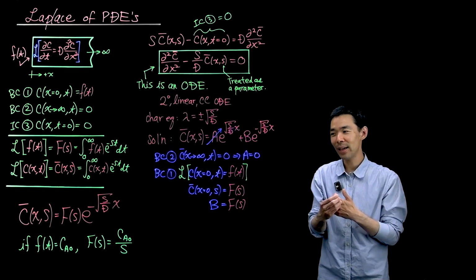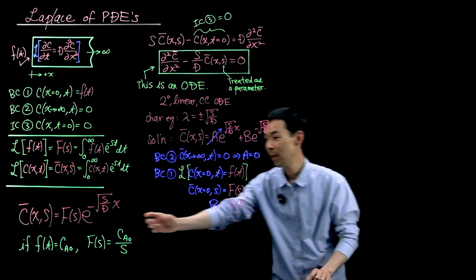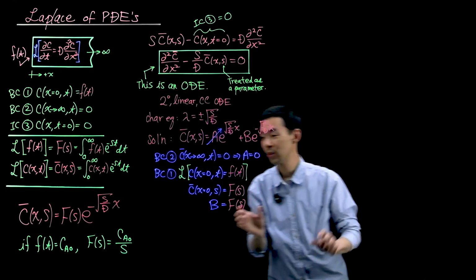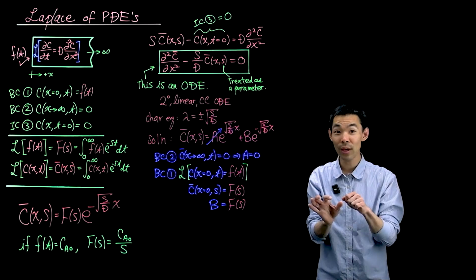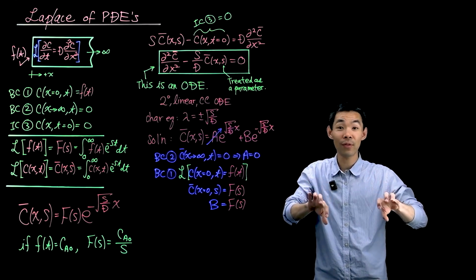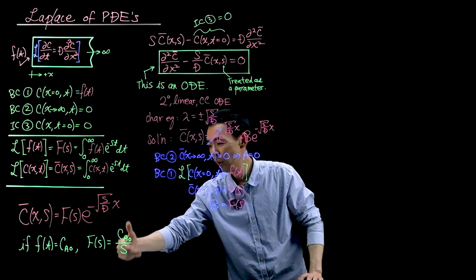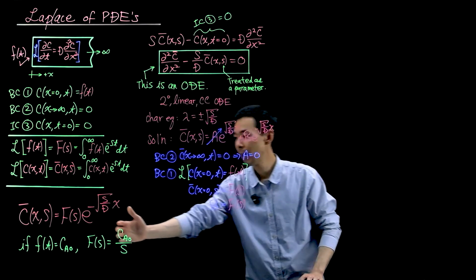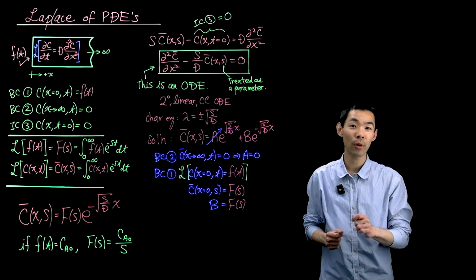Or another trick is to use a convolution to invert. You can take this and this, which is a product of two Laplace functions, and do the convolution, but you need to know the inverses of each of them. And that's usually easier. You can find the inverse of e to the negative square root of s. That's more common.